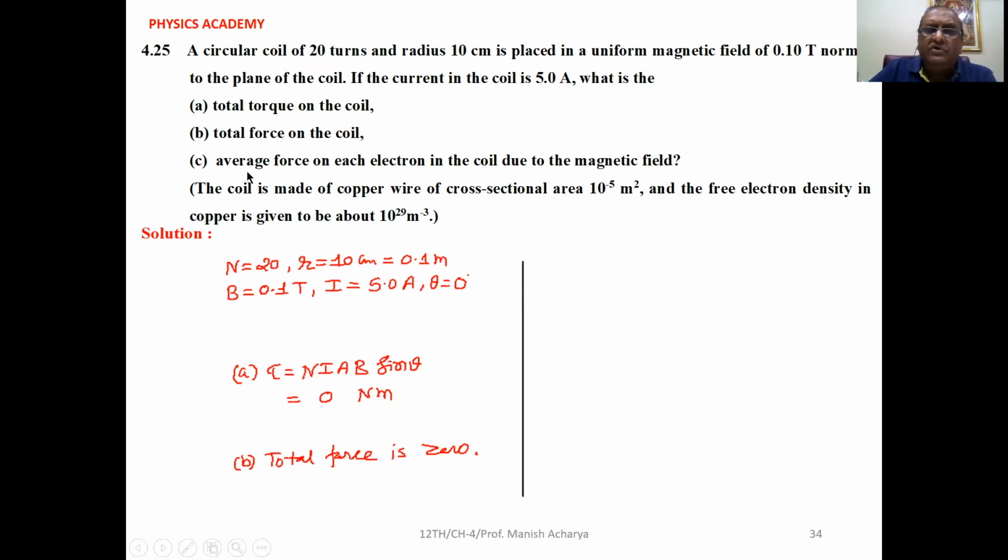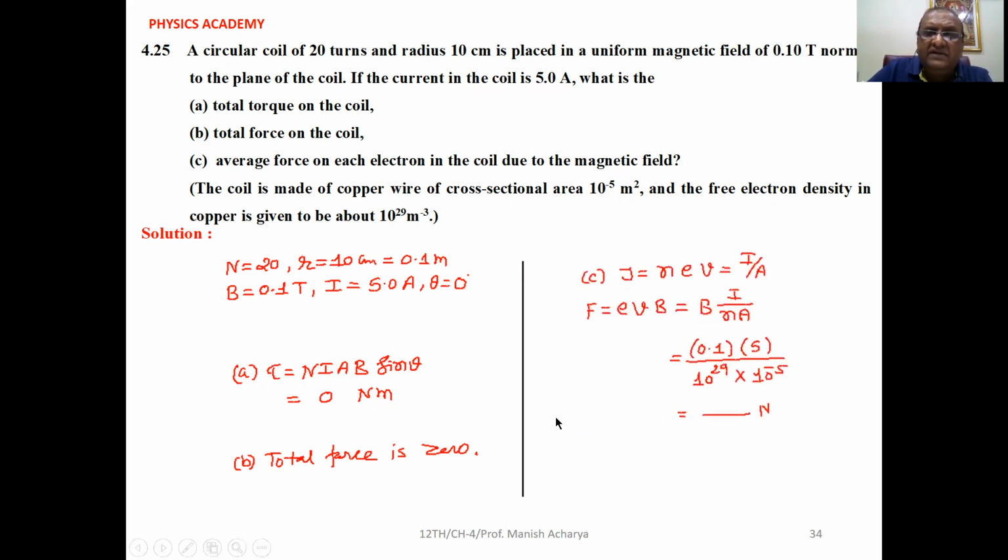Now, we want to calculate the average force on each electron, because when the current is flowing, it is constituted due to the flow of electrons. Electrons are charged particles, and when any charged particle is moving in the magnetic field, a force acts on it.